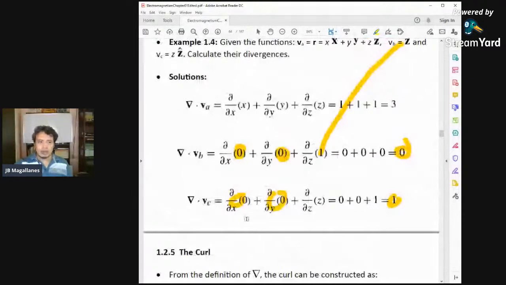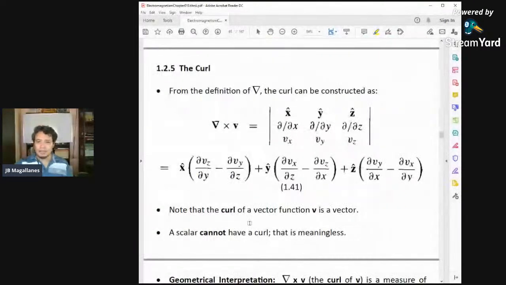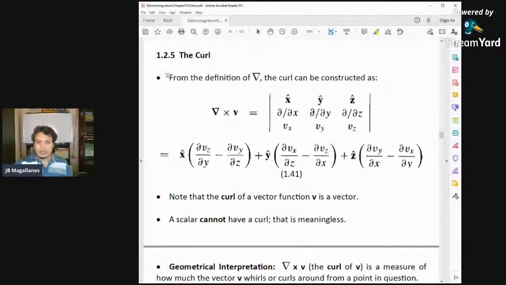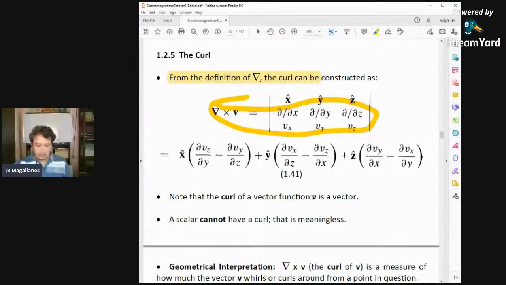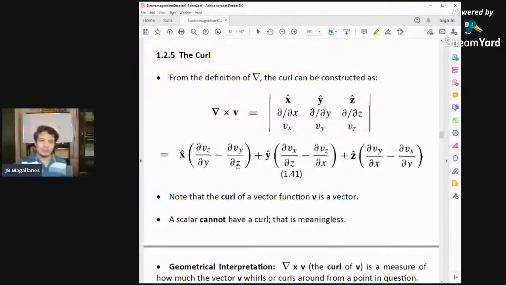And then we have the curl. This one is the definition of the curl here. It's just the same as the matrix before, and by doing this, you can get this expression. So this is the curl.